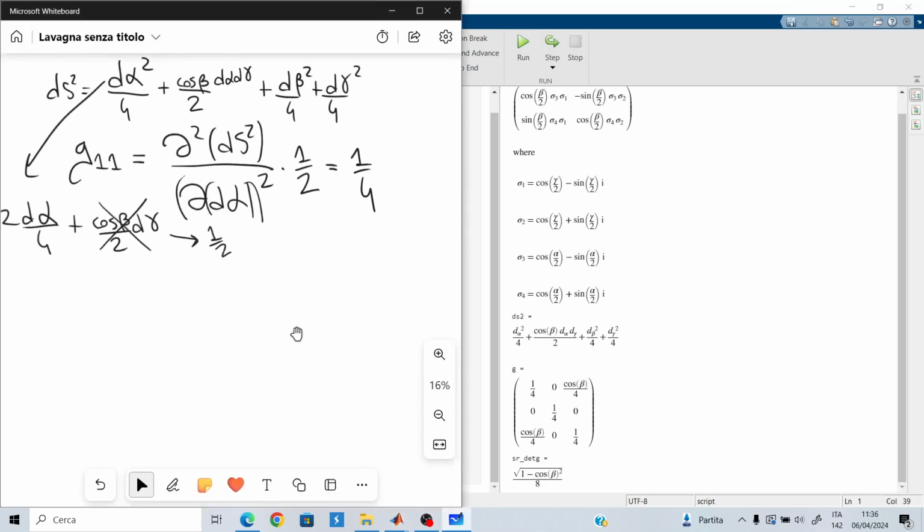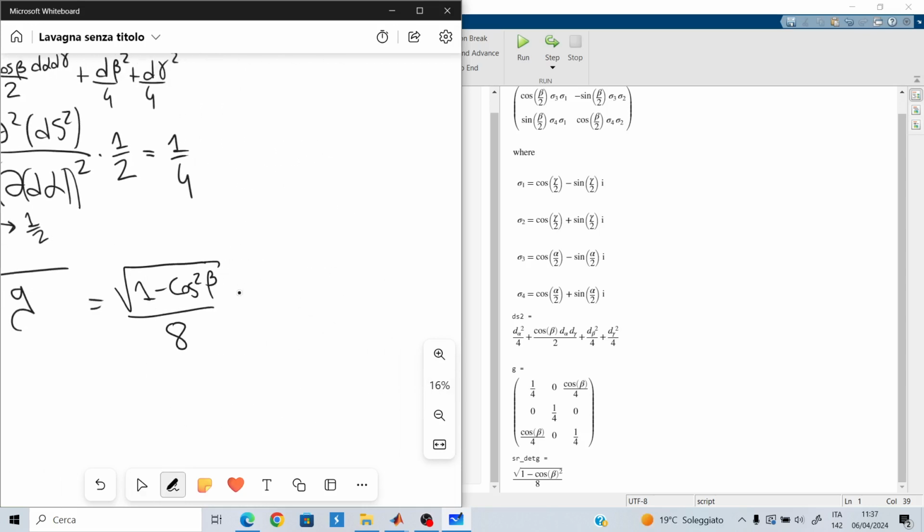But the square root of the determinant of G is equal to, as you can see from here, square root of 1 minus the cosine squared of beta over 8. But 1 minus cosine squared is equal to the sine squared. So we get the square root of sine squared of beta divided by 8. So this is equal to the absolute value of sine beta over 8.